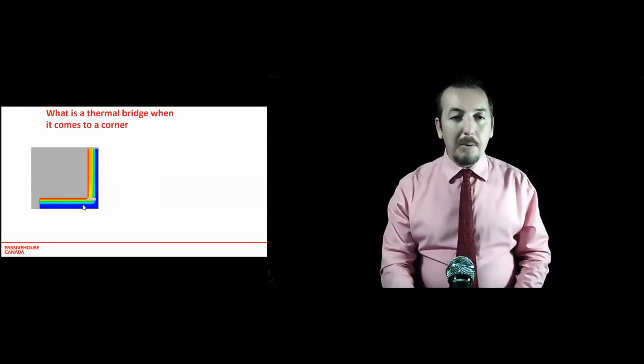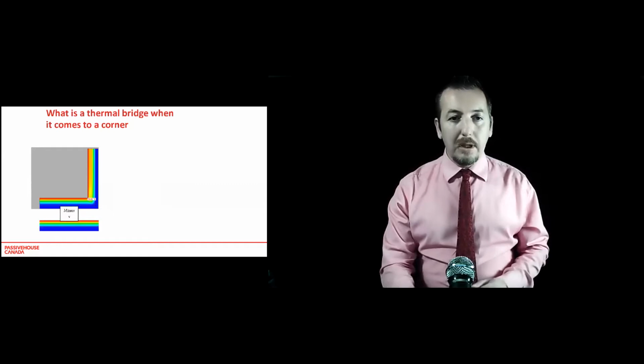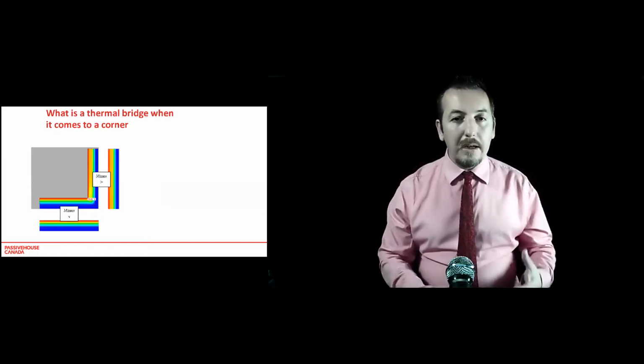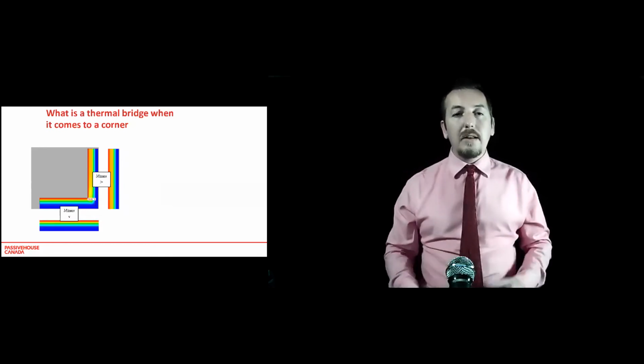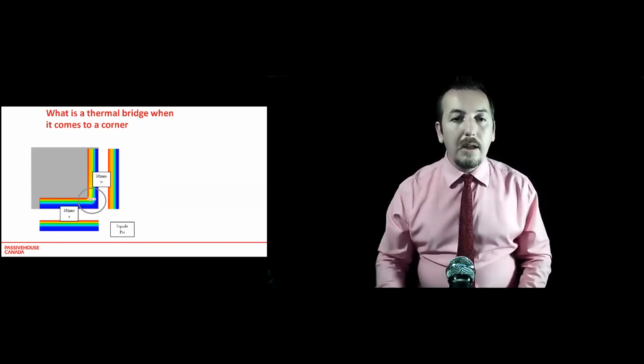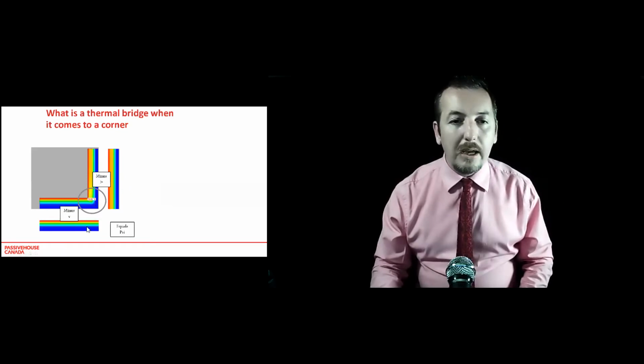And what PHPP does in its measurement alone is it creates, again, straight sections like we've seen in the previous example. But as you can see here, it overlaps the heat flow accounts at the corner.